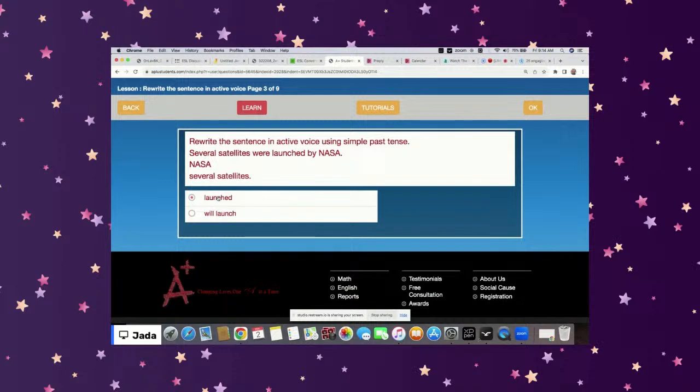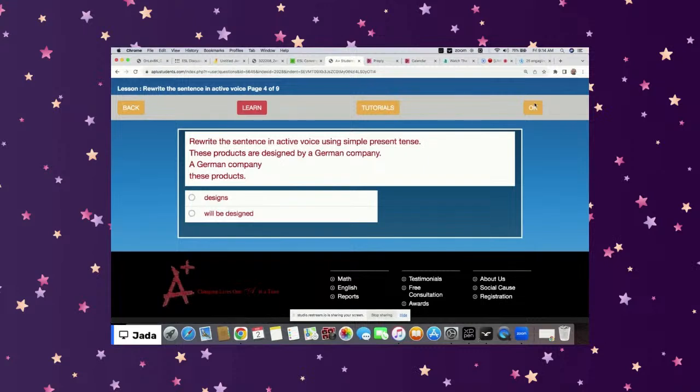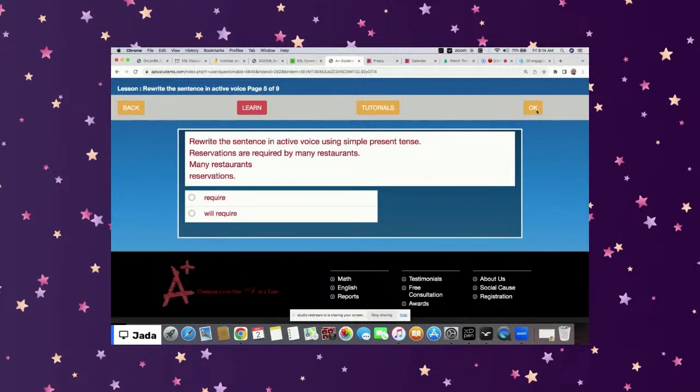NASA launched several satellites. These products are designed by a German company. A German company designs these products, in present tense. Reservations are required by many restaurants.